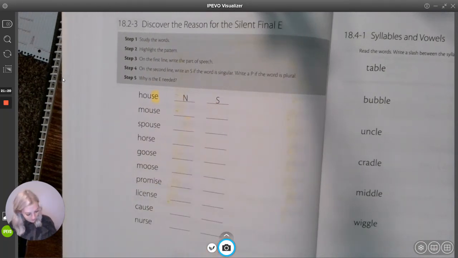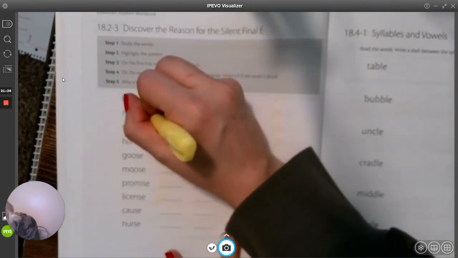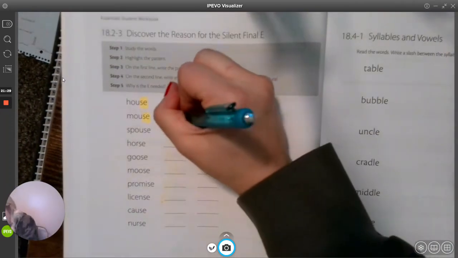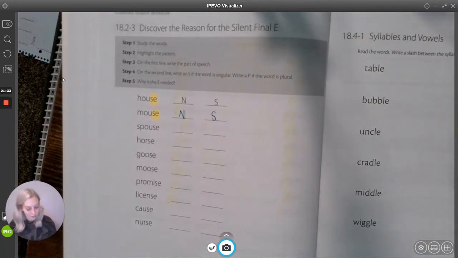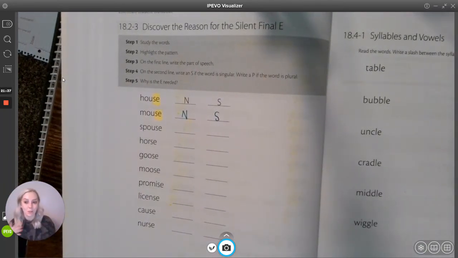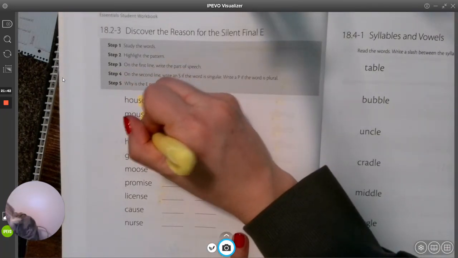Okay, mouse. Also, SE. Mouse is a noun, and that is just one mouse, so it is singular. Spouse, that's a husband or a wife. A spouse, the pattern is SE.